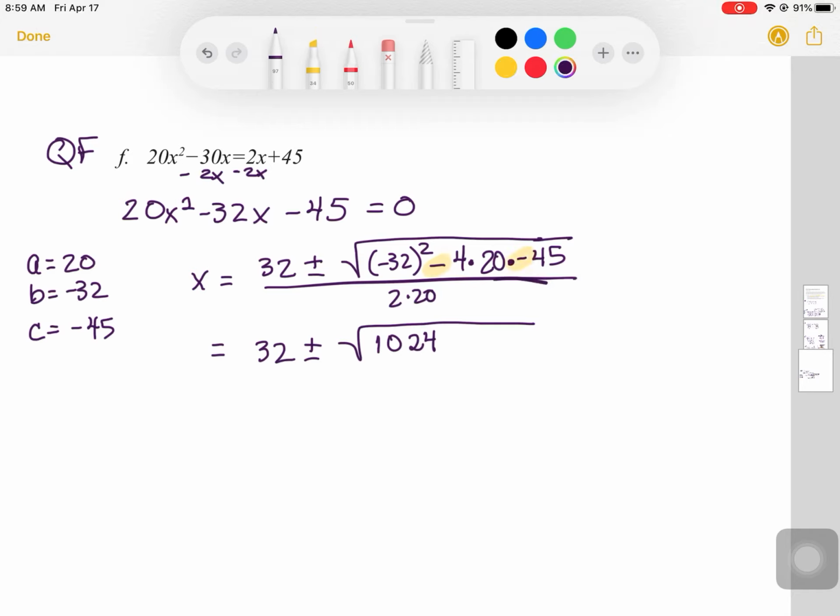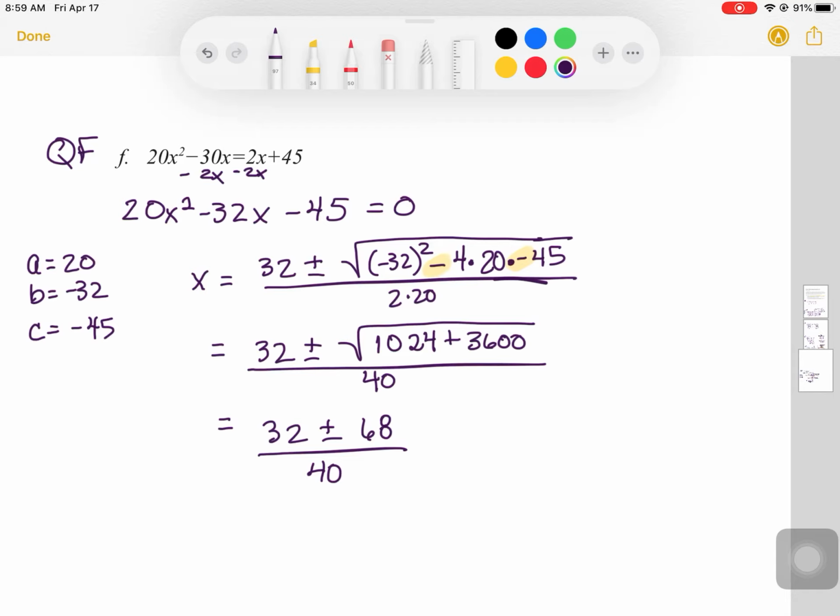When you multiply those three things together, it's going to become plus 3,600, all over 40. So 32 plus or minus, when I add those two numbers together, 4,624, and take the square root, it becomes 68. That actually was a perfect square. And then divided by 40.